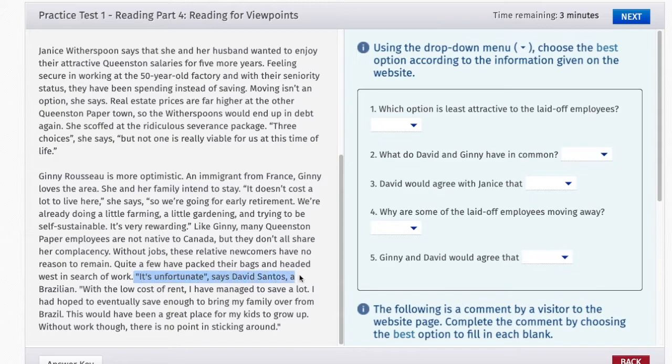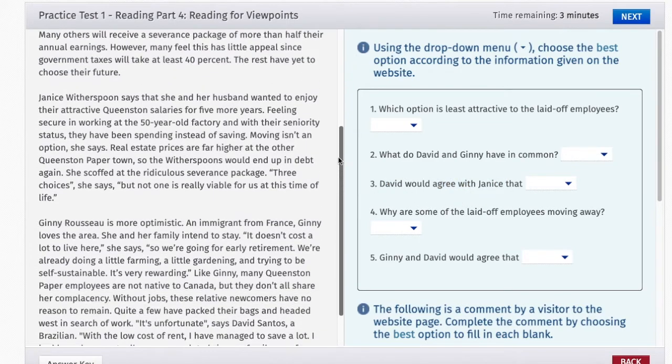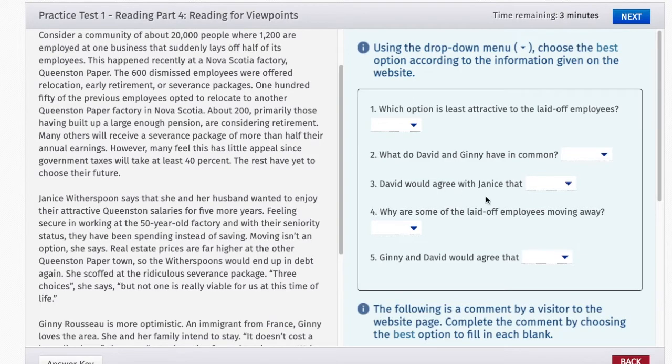What does David think, or what do they have in common? Also, we see here David would agree with Janice. So again, it's about understanding the different views of everyone and connecting first to the questions.